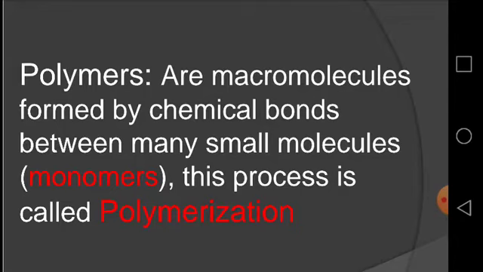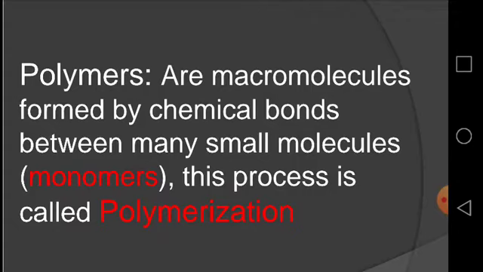And the process by which we make polymers is called polymerization. So from this slide we learn three things: polymers, the macromolecules; monomers, the small molecules which combine together and form the polymers; and this process of combining the monomers with each other is called polymerization.